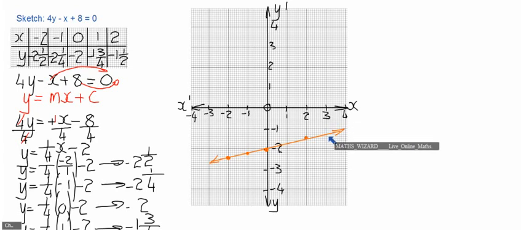And always write down the equation of the graph. That will give you an extra mark in a test. So y is equal to the standard form, quarter x minus 2.